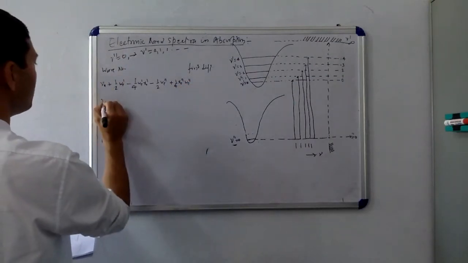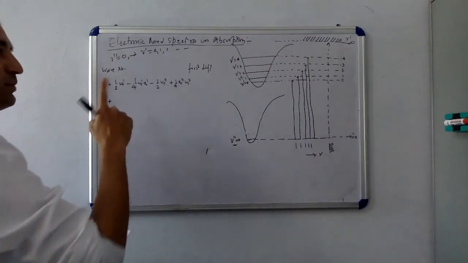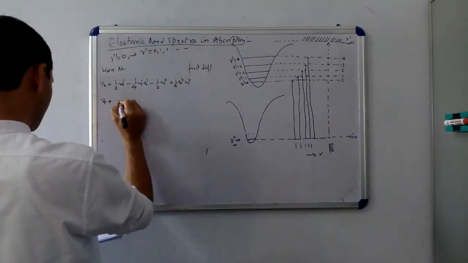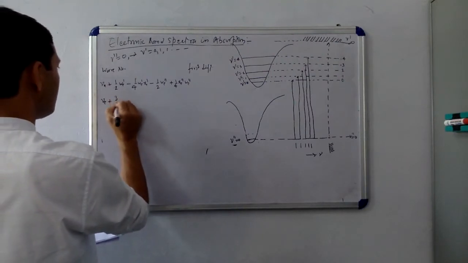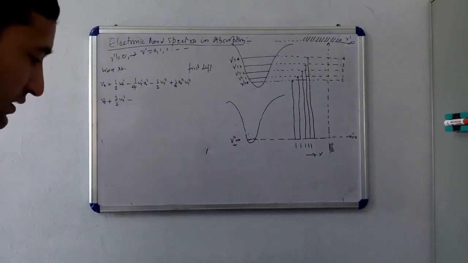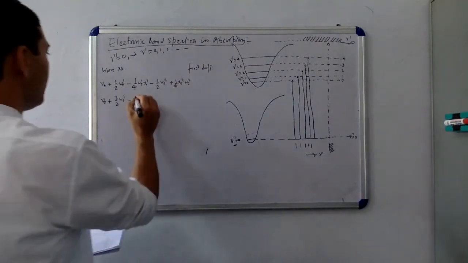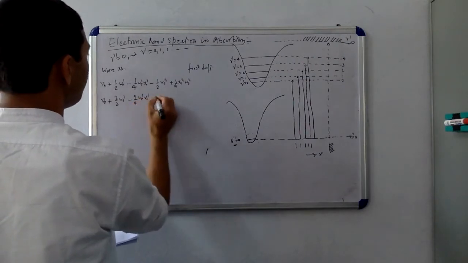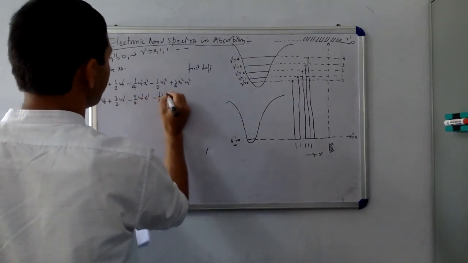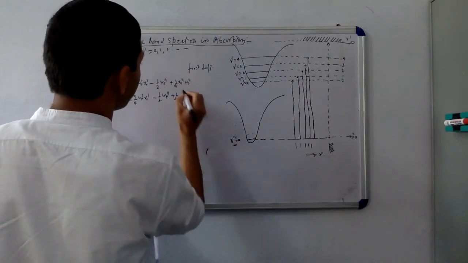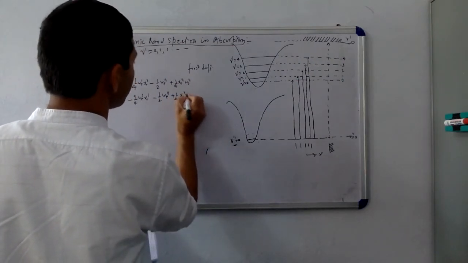For the next one, νE plus, ν' is 1, so 1 plus 1/2 is 3/2. Then you have 3/2 ωE' minus (3/2) squared, which is 9/4 ωE' xE', and this term remains a constant because all these levels have ν'' equal to 0, xE'' ωE''.